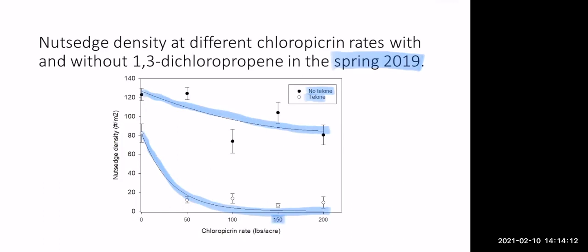So at around 150 pounds of chloropicrin with 15 gallons per acre, we have almost 100% nutsedge control. And again, the message that we want to get across is that combination. Having both telone and chloropicrin in the mix gives you much better nutsedge control than using either of the products.